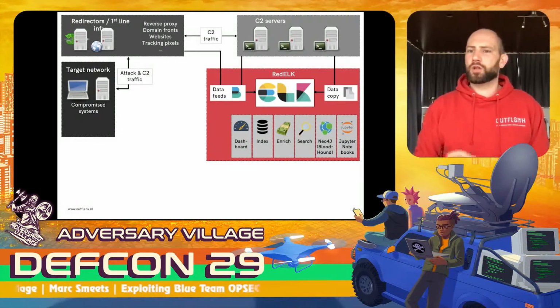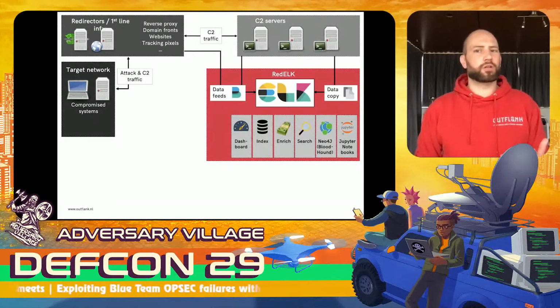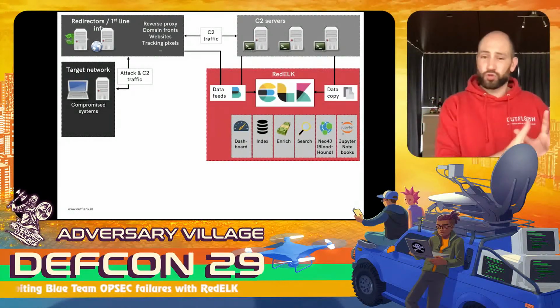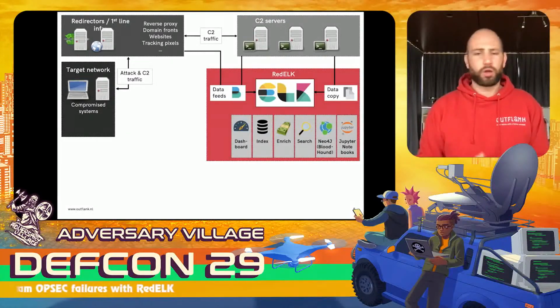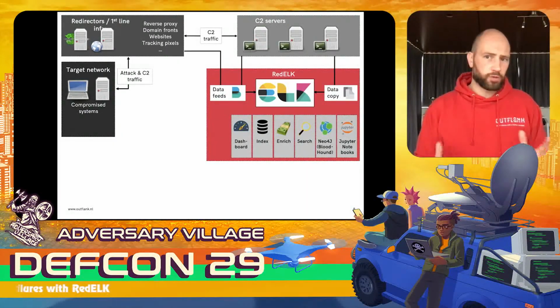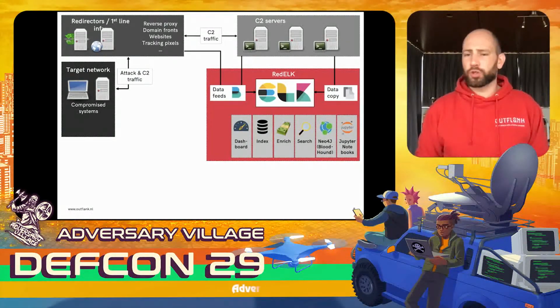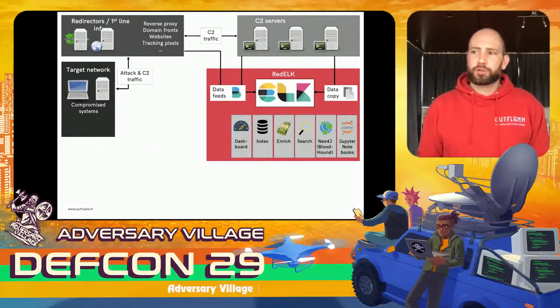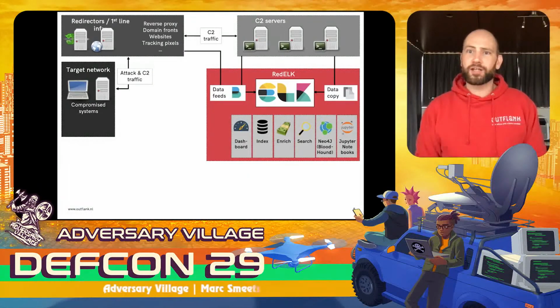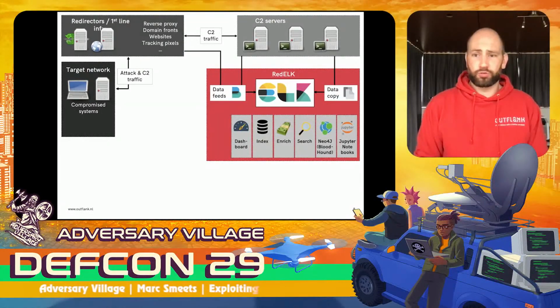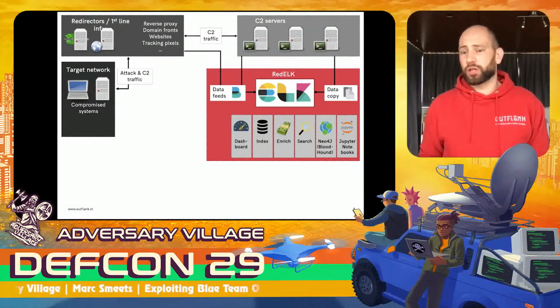And this is really awesome because now you have operational data of your C2 infrastructure as well as traffic data, but you also have knowledge about the Active Directory environment of your target.